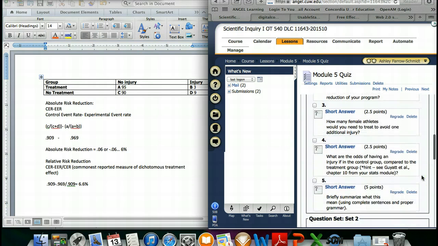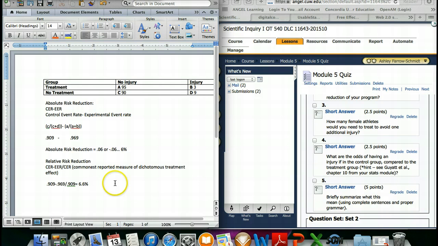Alright, so the next question asks, how many female athletes would you need to treat to avoid one additional injury? This is the same thing as saying, what is the number needed to treat? The number needed to treat is essentially knowing how many people need to be treated in this trial before one bad outcome happens, otherwise known as an adverse event.